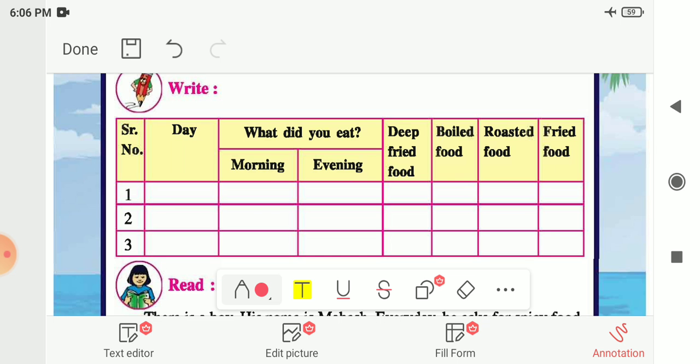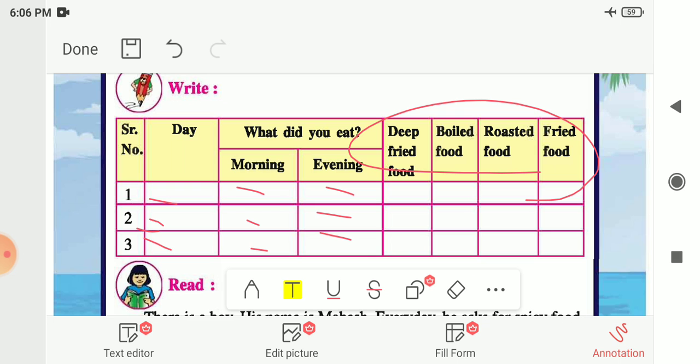You can take the help of your mother also. So here you have to write the name of the days, the name of the food items you take in the morning and in the evening, and which method is used to cook this food, whether it is deep fried food, boiled food, roasted food or fried food. So you have to complete this table on your own.